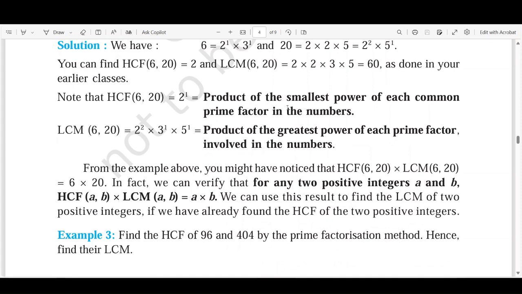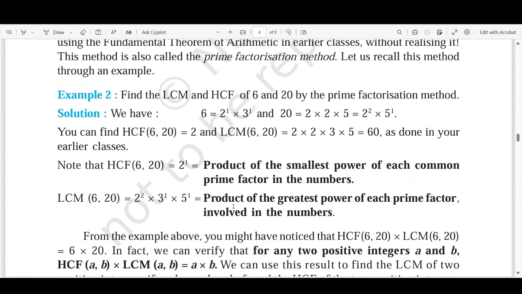One thing we can easily understand from this prime factorization is HCF is nothing but product of the smallest power of each common prime factors in the numbers. Here for 6 the power of 2 is 1 and for 20 the power of 2 is 2. So the smallest power is 1.